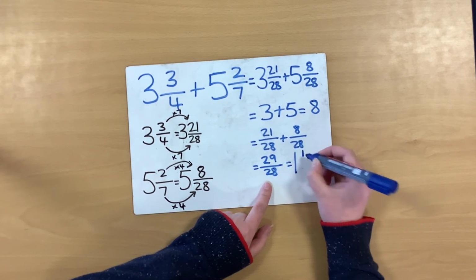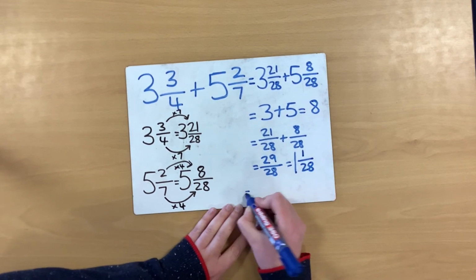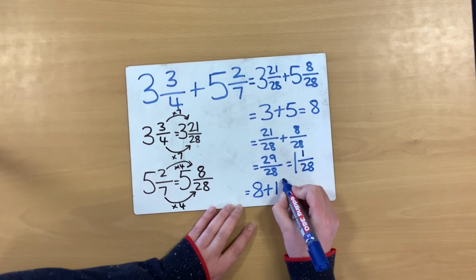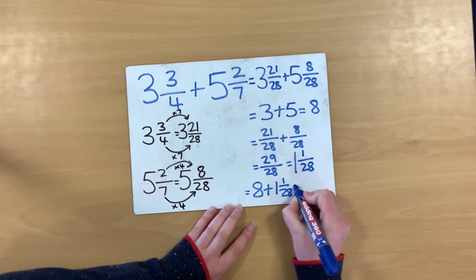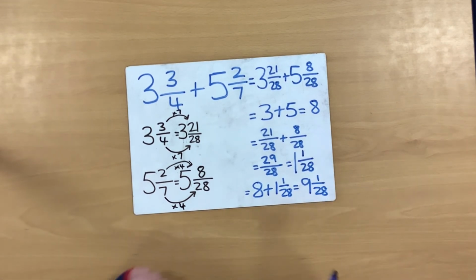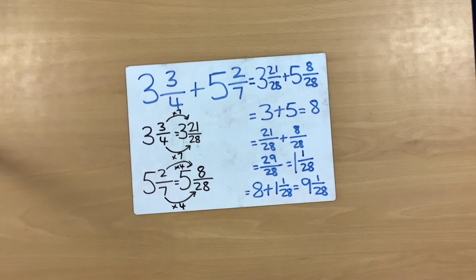What's left over? 1 28th. Final step is to add on our wholes. 8 add 1 and 1 28th, giving us the answer of 9 1 28ths. If you got that, well done. If not, go back in the video and check where you went wrong.